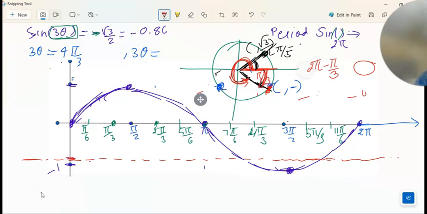You multiply by 3 and you get 6 pi, and 6 pi minus pi gives 5 pi by 3.